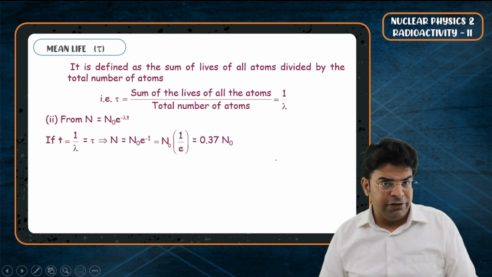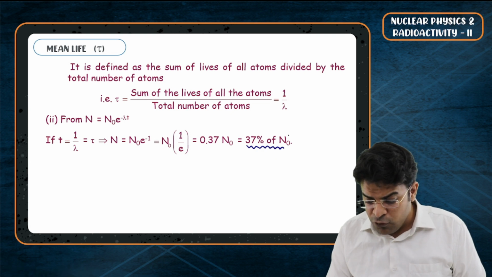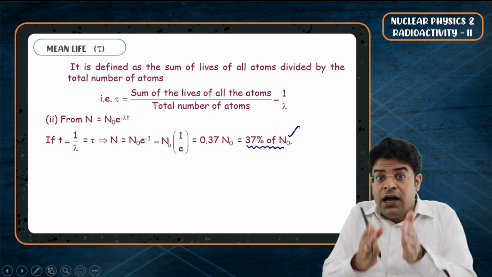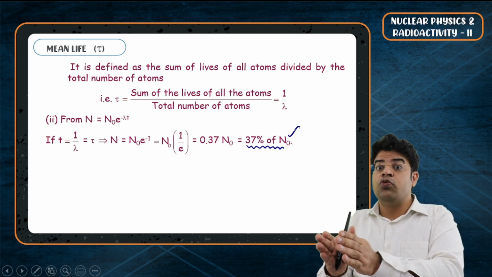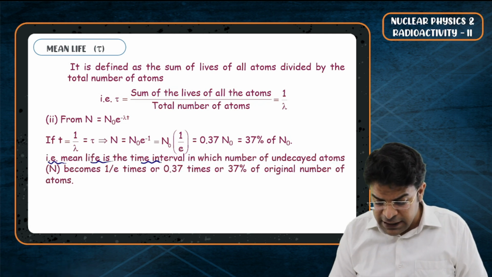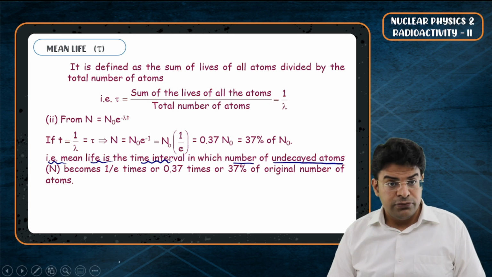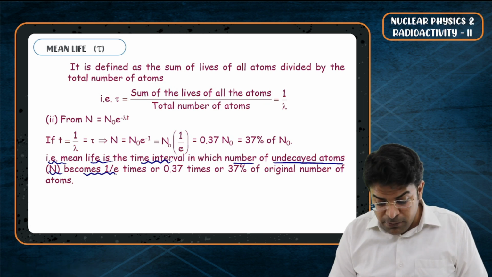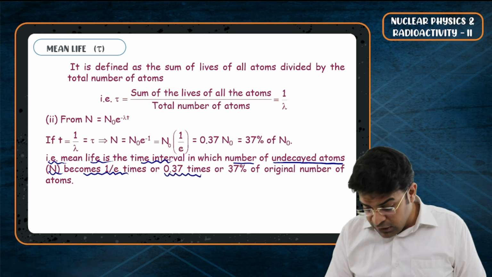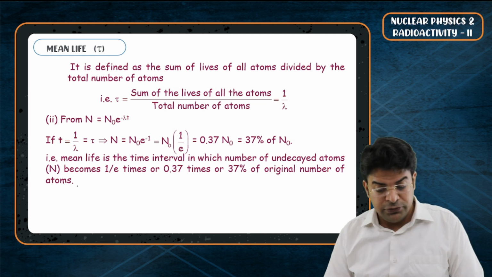So one can even think of it this way, that 37% of the original, 37% of N naught, survives after a time frame equal to 1 mean life. So mean life is the time interval in which the number of undecayed atoms N becomes 1 by e times, or 0.37 times, or 37% of the original number of atoms.